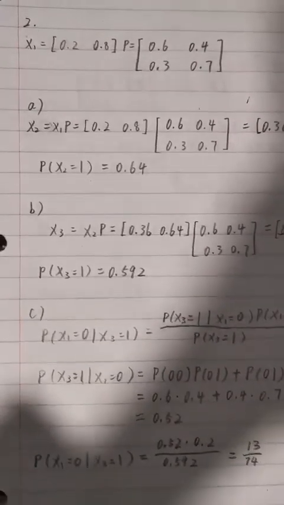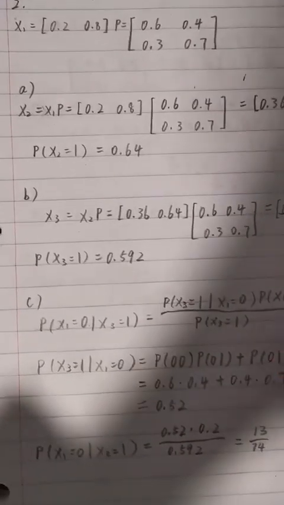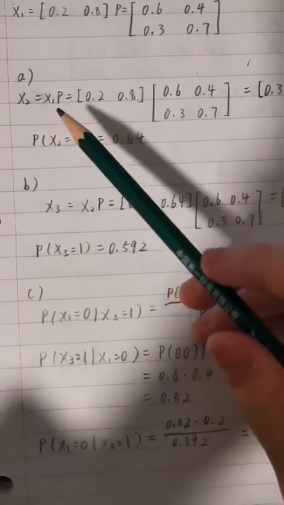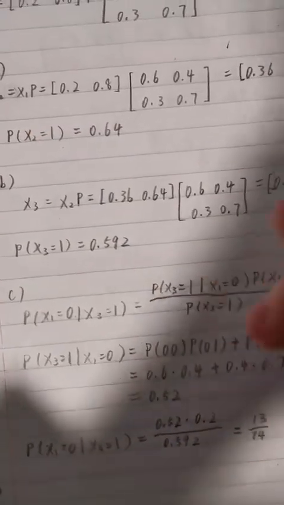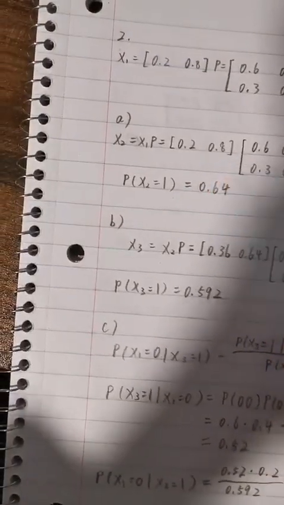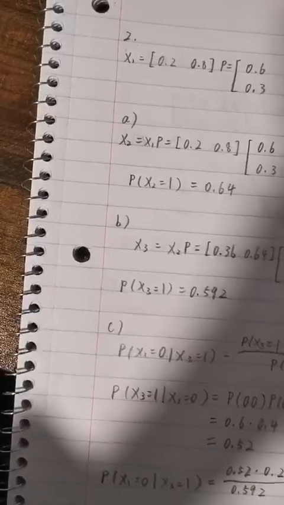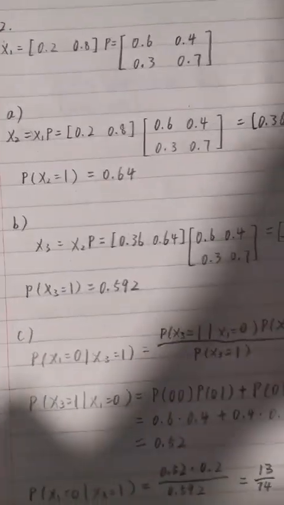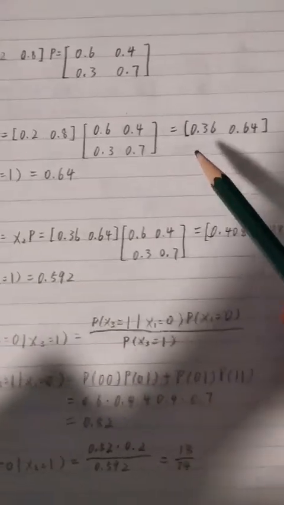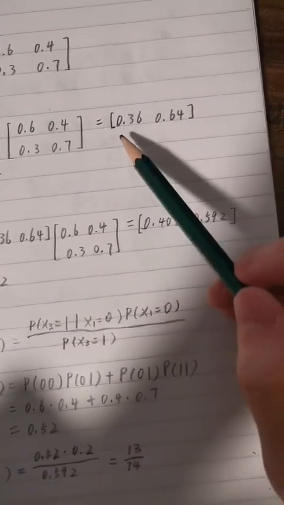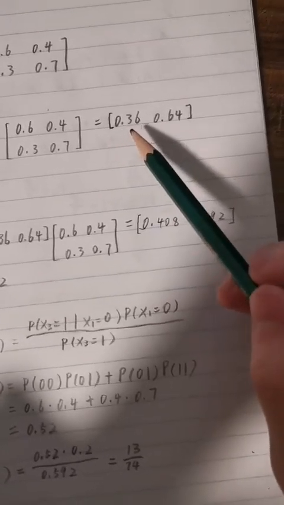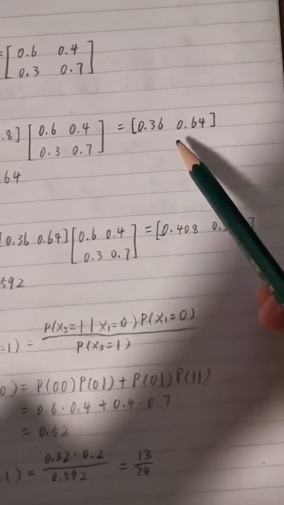In order to get x2, we need to multiply x1 and P, which is the vector 0.2, 0.8 multiplied by the matrix 0.6, 0.4, 0.3, 0.7. We get the answer 0.36, 0.64.